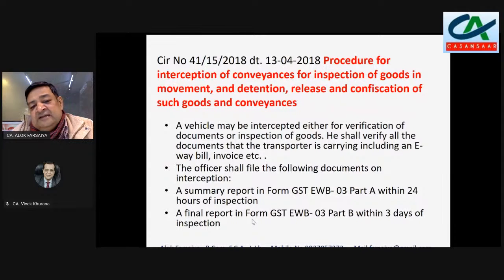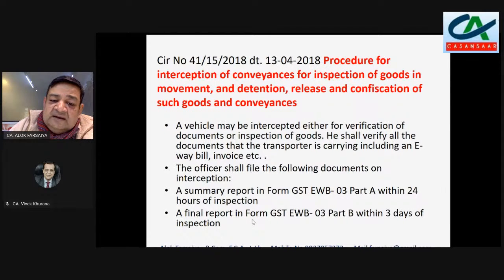Some more allegations the department comes up with. On the invoice, there is a classification dispute. I say my goods are taxable at 12%. Department says these goods are taxable at 18%. These sorts of disputes can be there.